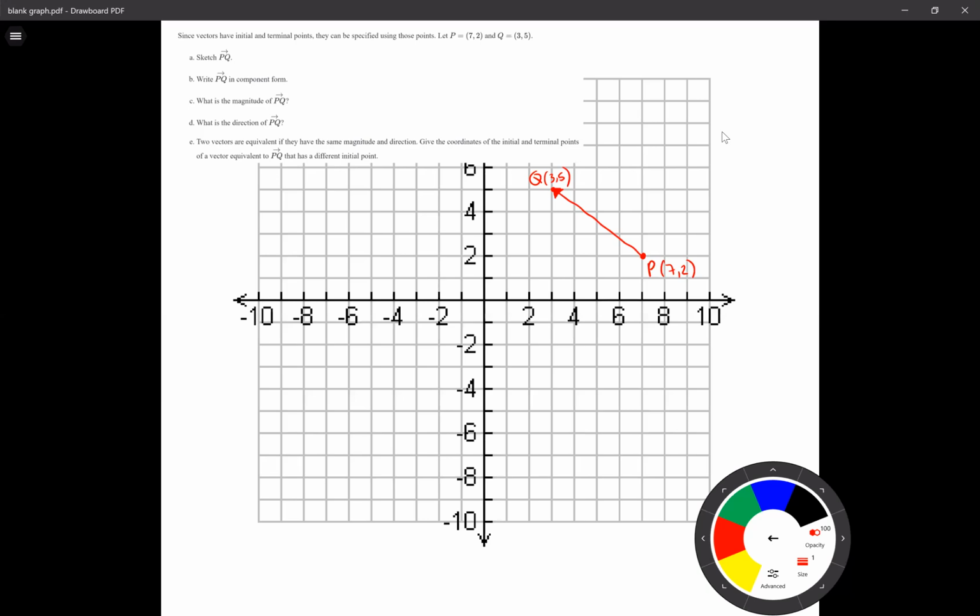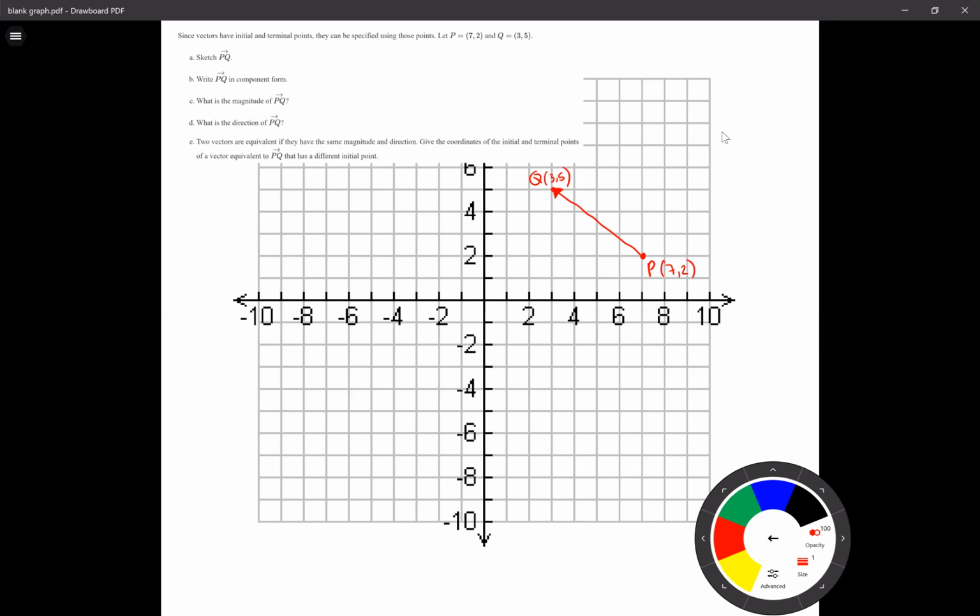Thank you, P. Okay, and for you guys, I suggest you should have graph paper and actually work on this problem using graph paper.